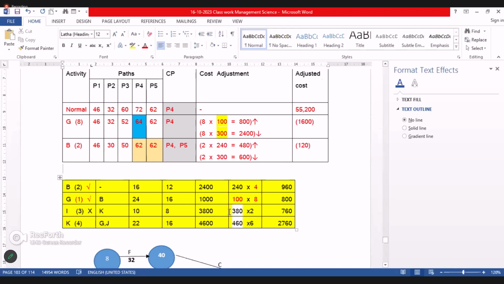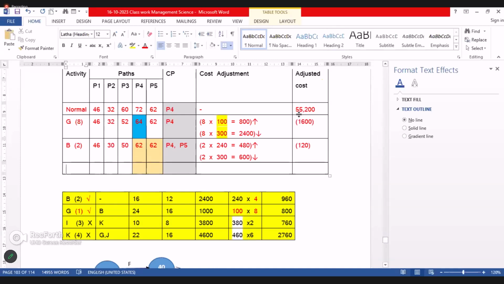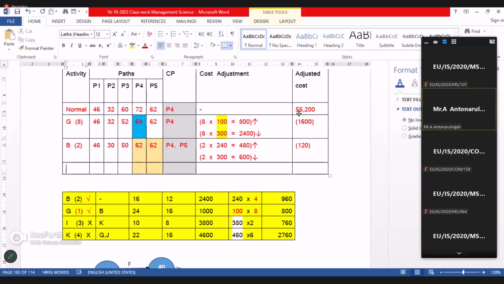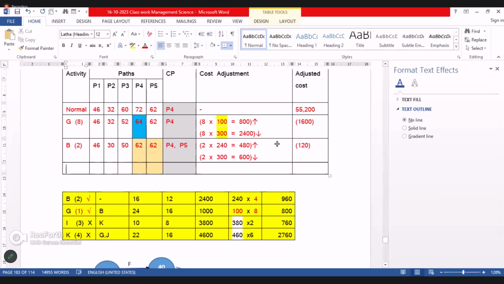So for I and K, if we do it, the cost will increase. Now what is the new cost? 55,200 minus 120, which is 55,080. Okay, wait, the cost is 53,480.